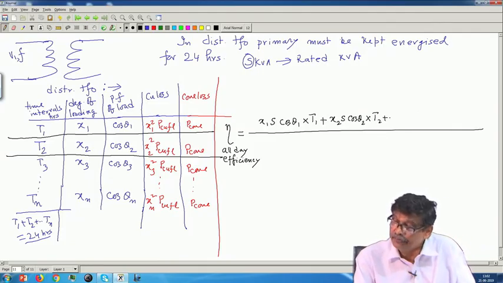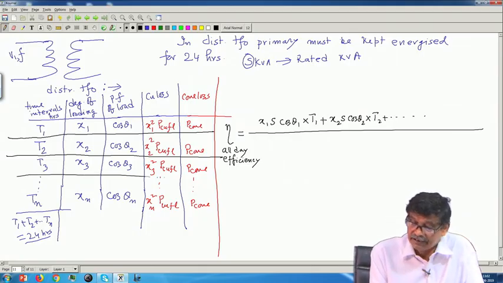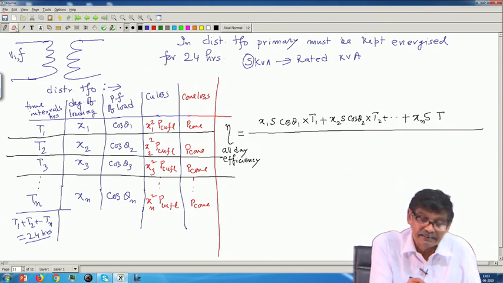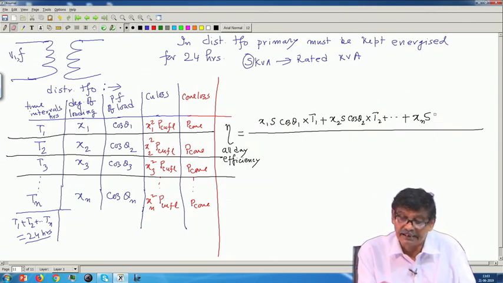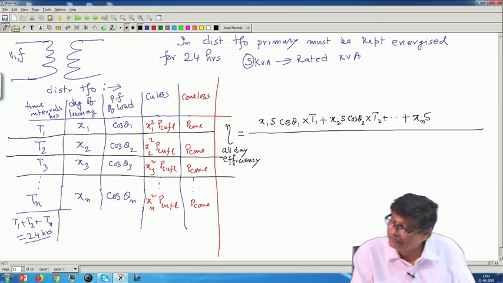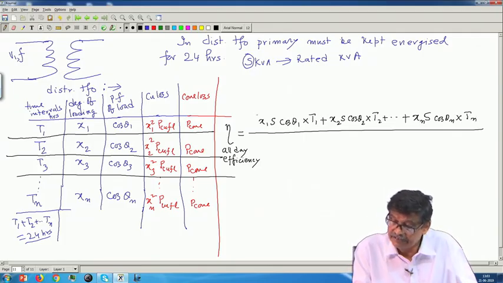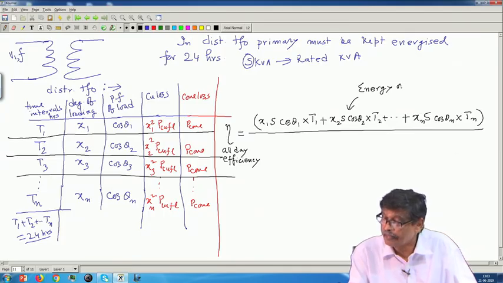In this way, you go on adding, x3 you add, and finally, you add plus xn S cosine theta n into Tn. So, over 24 hours, this is the energy output. What is the unit? Kilowatt hour.